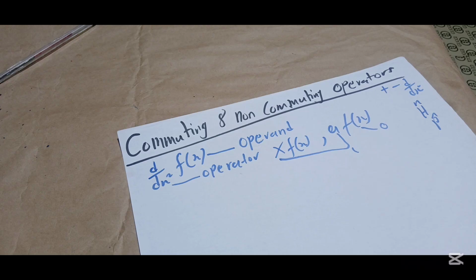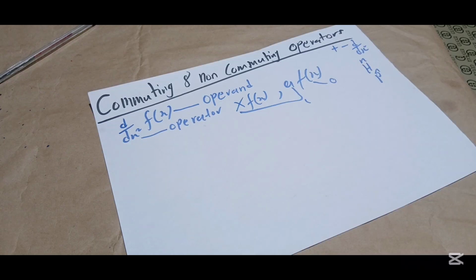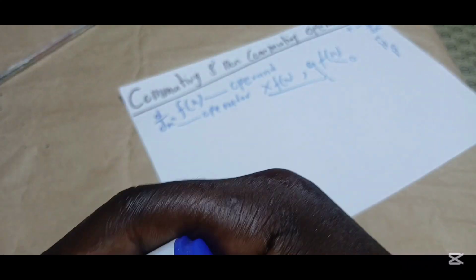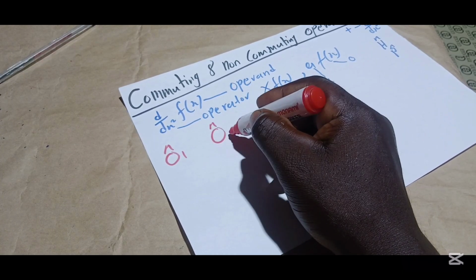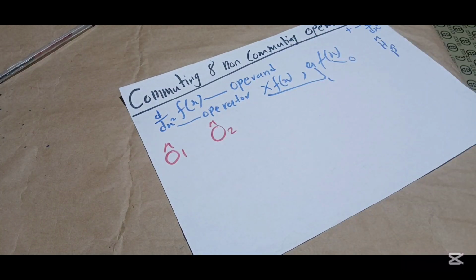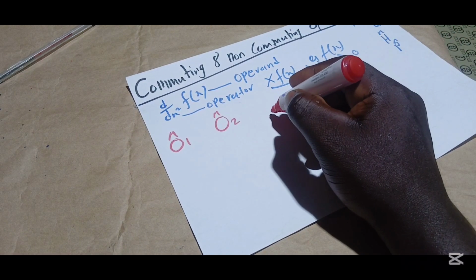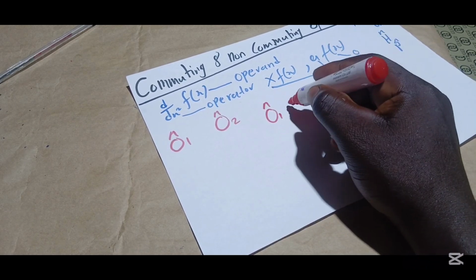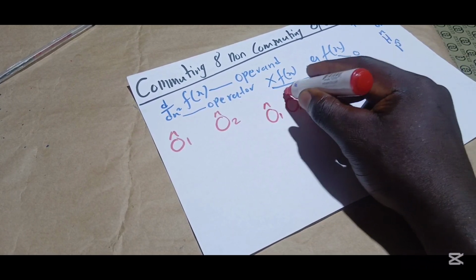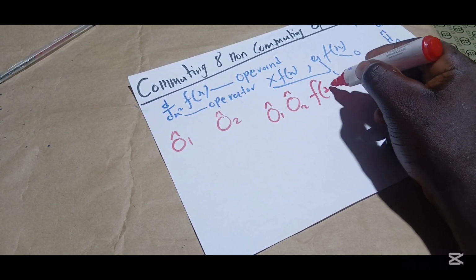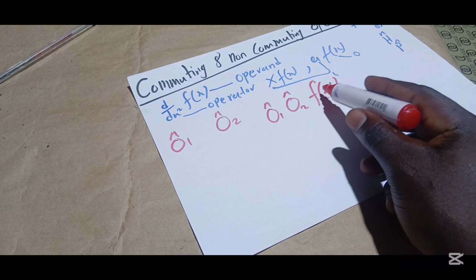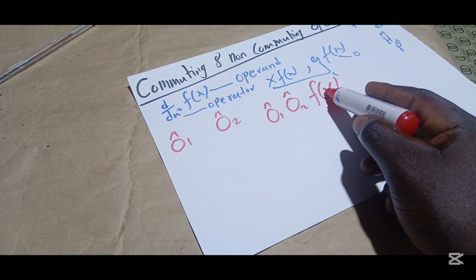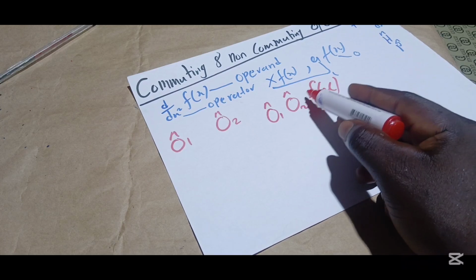Commuting and non-commuting operators. If we have two operators, say operator 1 and operator 2, with a given function, we want to know if operator 1... Before we continue, if we are given two operators operating on a function like this, notice that the one closer to the function will operate on the function first.